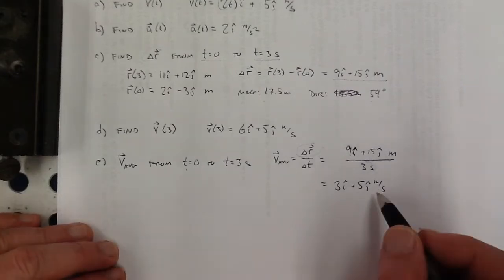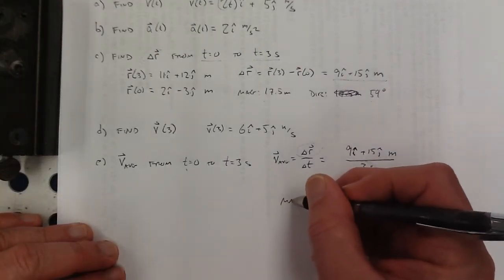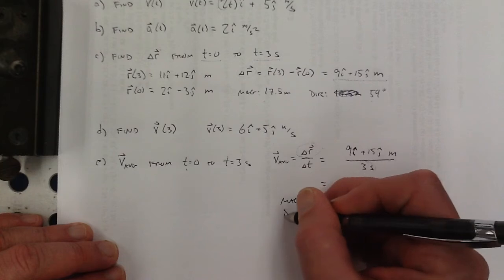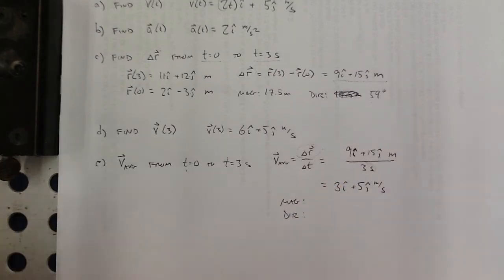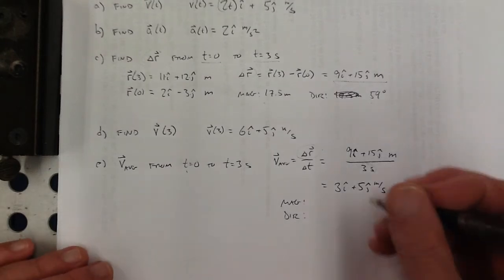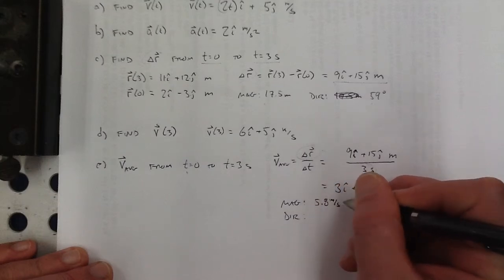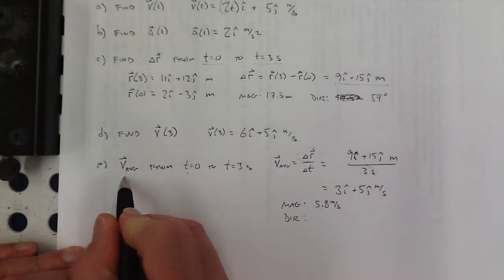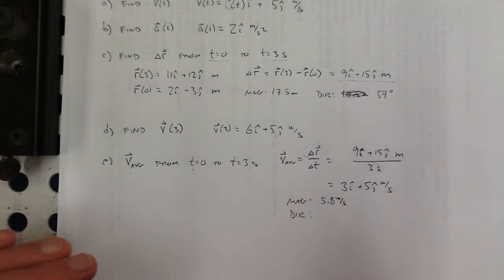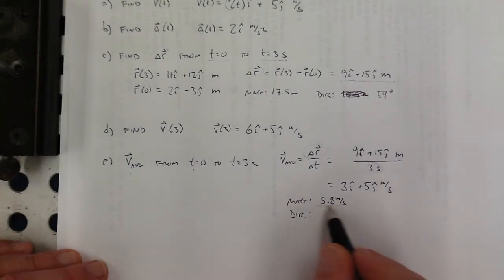And then you can see this was the instantaneous velocity in component form. So what if I wanted the magnitude and direction? Let's do that real quick. So the magnitude of the average velocity, which is, by the way, the average speed.